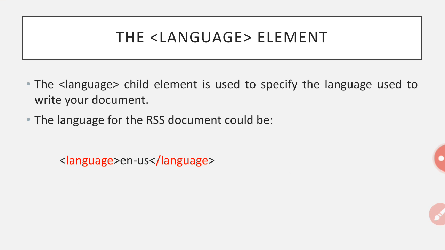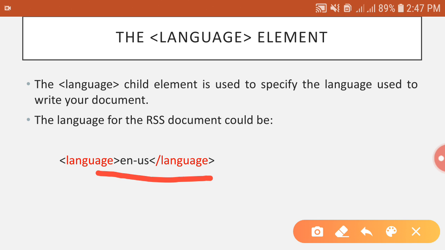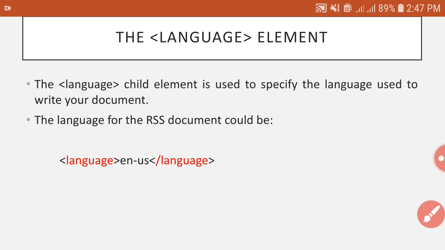Here, the RSS aggregators will group websites based on language using this language element. Here, the language is defined as English US.